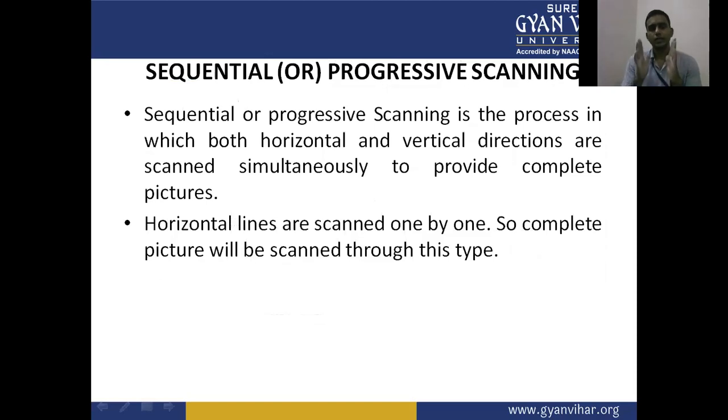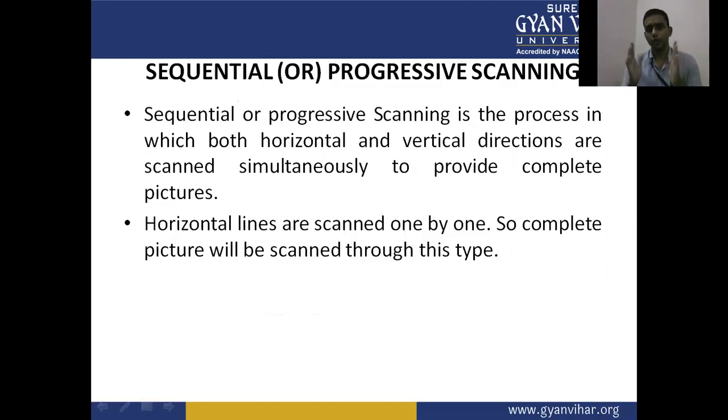Next, we have progressive scanning or sequential scanning. This is the third type of scanning process. Previously, we have already discussed the H scanning and V scanning.